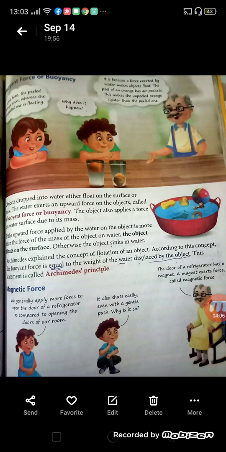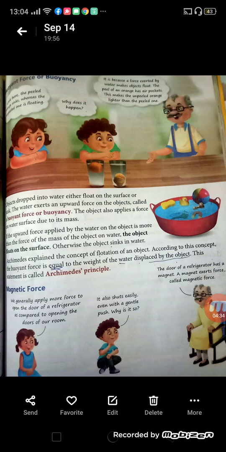If the weight of the object is more than the upward force applied by the water, then what will happen? If the upward force applied by the water on the object is more than the force due to the mass of the object, then what will happen? Oh yes, the object will float.